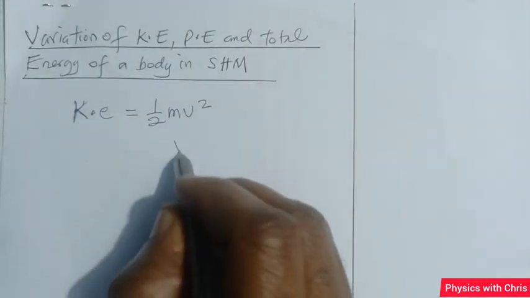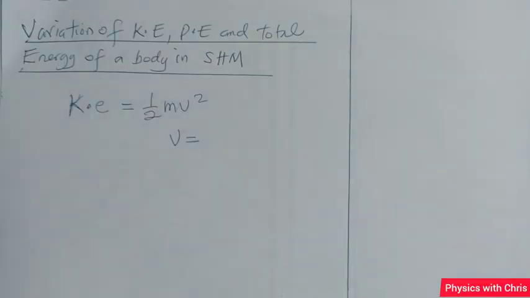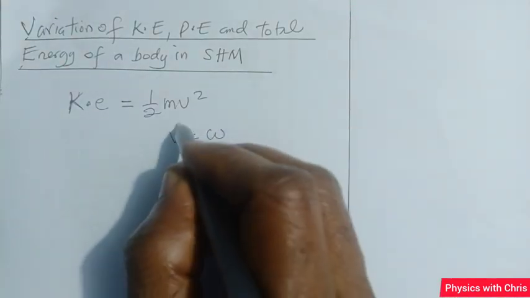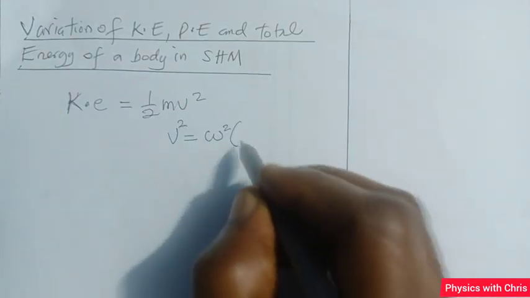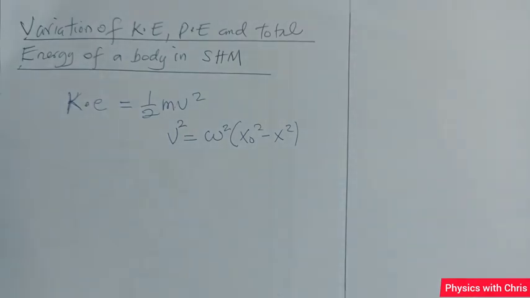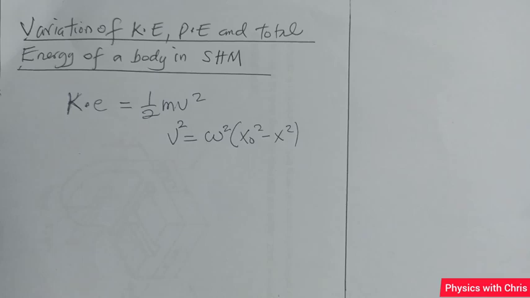And remember that from the simple harmonic equation, the velocity of a body in simple harmonic motion is given by v squared equals omega squared into x naught squared minus x squared, where x naught is the amplitude of oscillation and x is the displacement of the body.